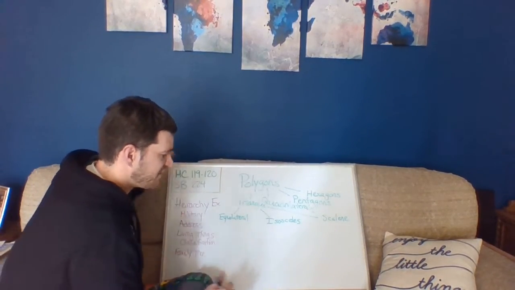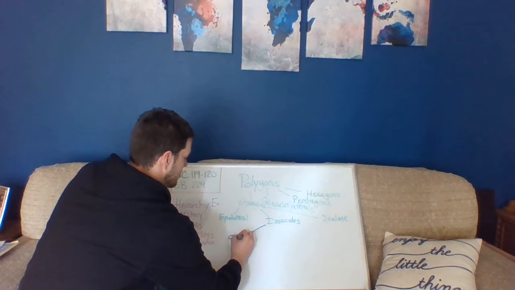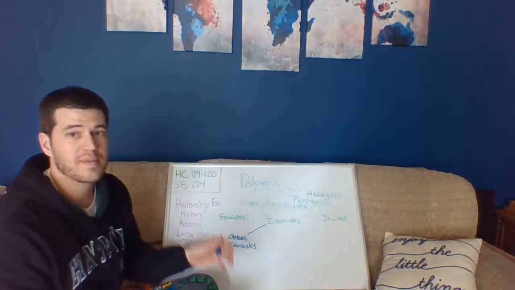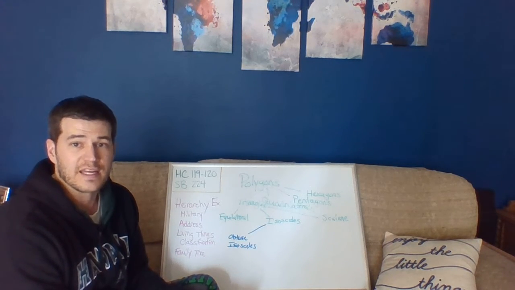All right, so we have our isosceles triangle. We can have an obtuse isosceles. And what that means, an obtuse angle is one angle that is greater than 90 degrees.